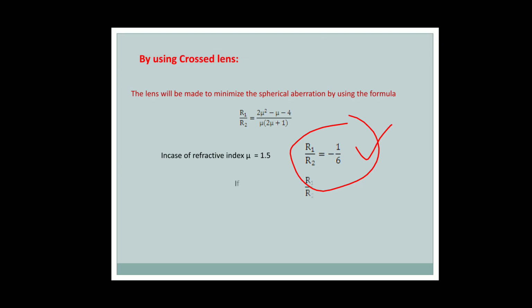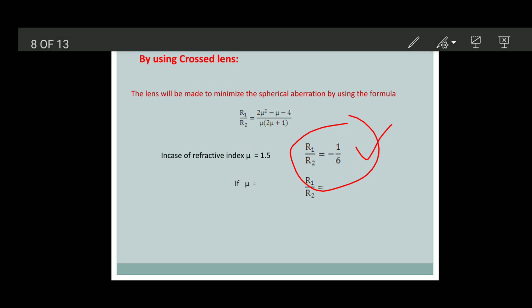If the refractive index mu is equal to 1.66, in this case R1 by R2 is equal to minus 1 by 6.5. A lens prepared by this formula can also minimize the spherical aberration.